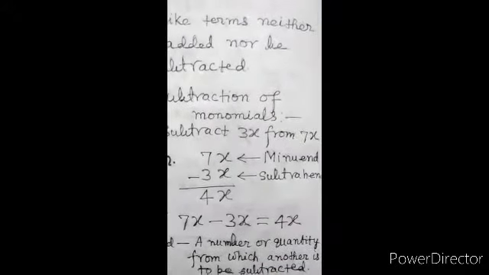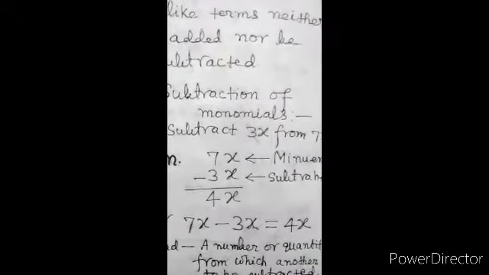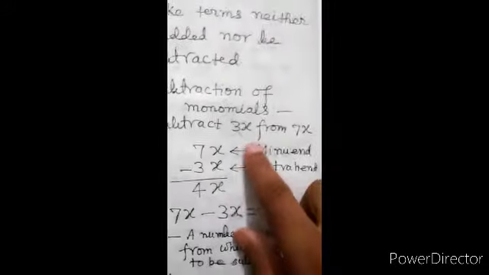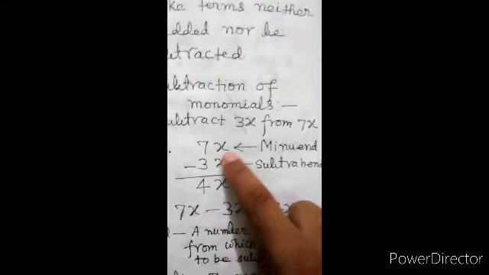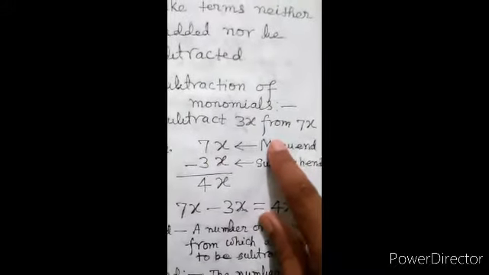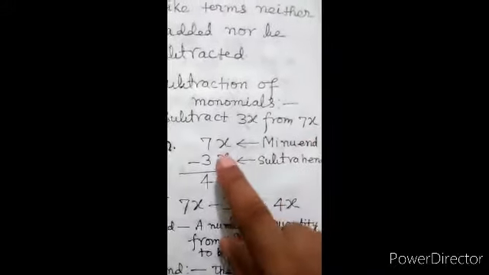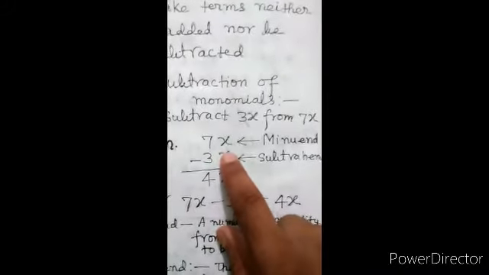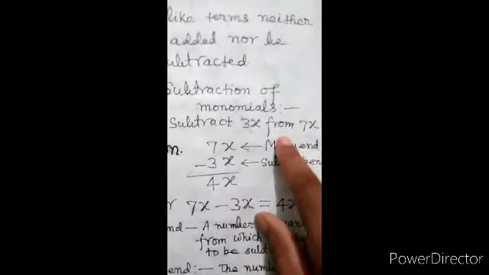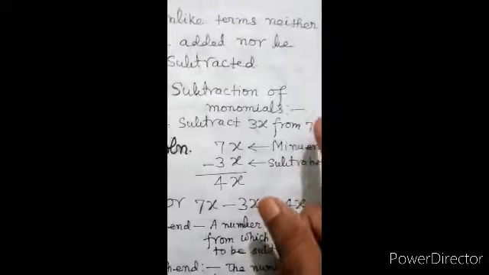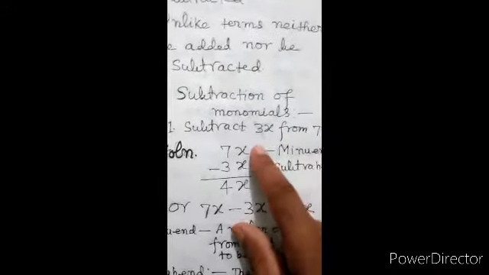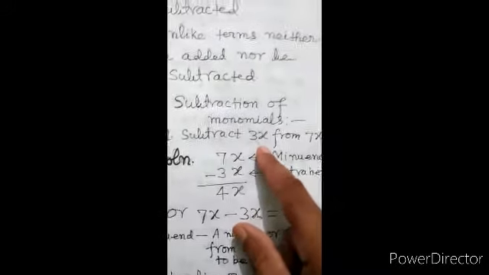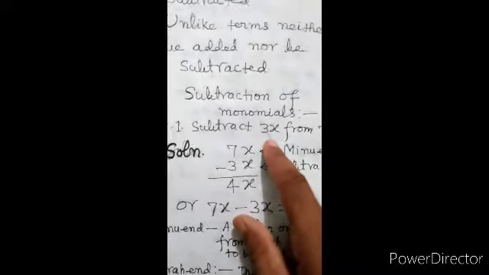So 3x is subtrahend. Now we will have to write firstly minuend. This is 7x. The term which is coming just after the word from, we have to write it first. This one is called minuend, 7x. And the term which is coming just before this word from is called subtrahend, subtract 3x.